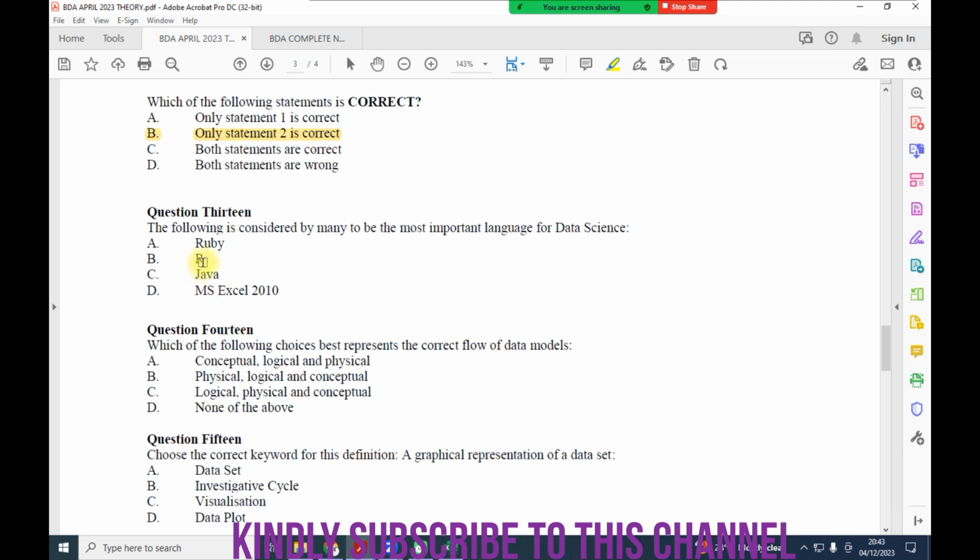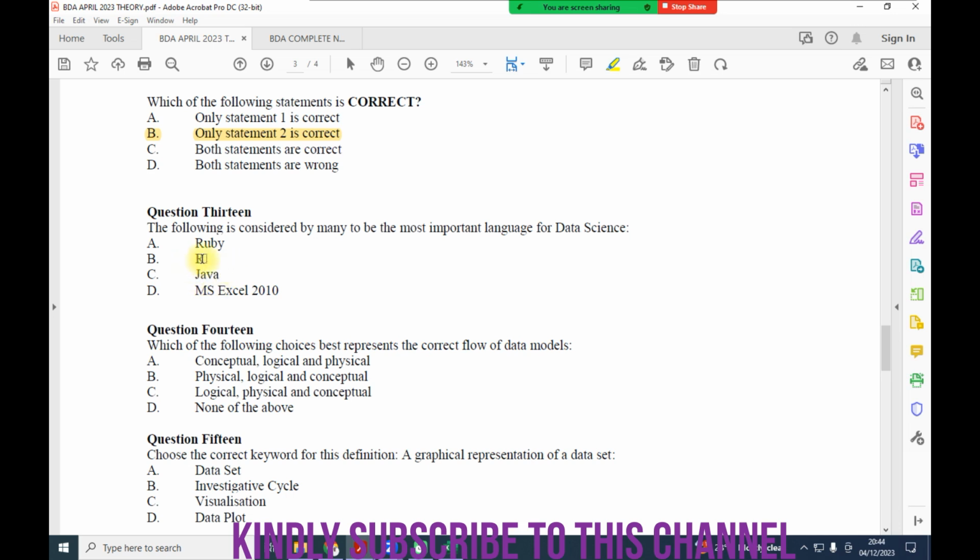But R is normally used by data miners and other statisticians for data analysis and developing statistical software. So it is for data analysis, and it can be used not only for analyzing but also to develop. Remember, Java is used to develop all other software, especially mobile phone applications. Some of them use the Java programming language to develop those applications.